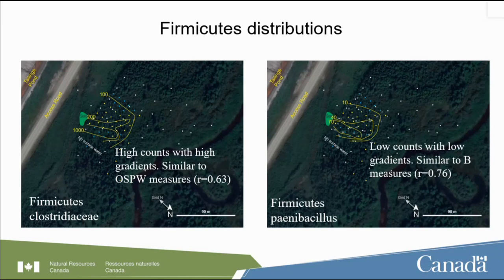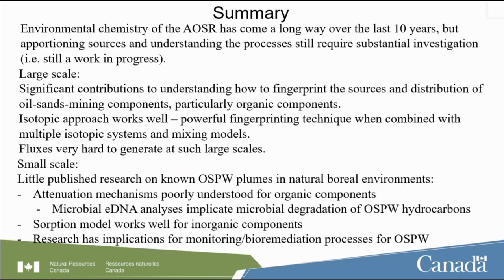So there's some really interesting stuff in here that I think points the way to what the bacterial response or interresponse is between the OSPW plume and the actual components of the bacterial community.